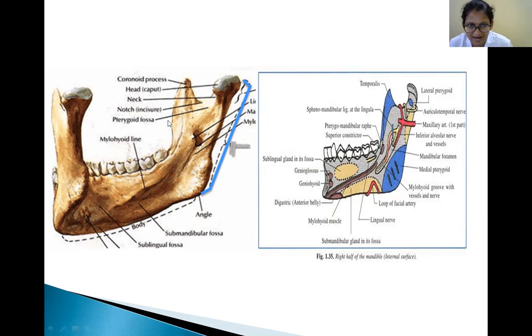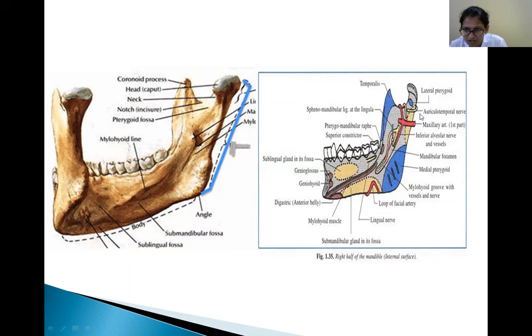It consists of the anterior border. The anterior border is thin and sharp. It continues upwards as a triangular shaped projection. This anterior border gives attachment for the insertion of the temporalis muscle.